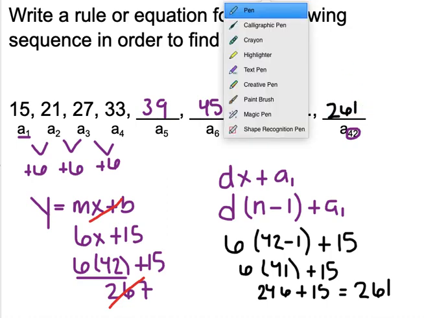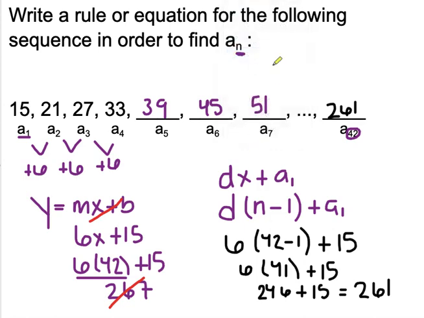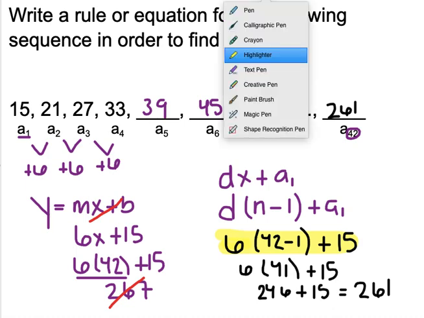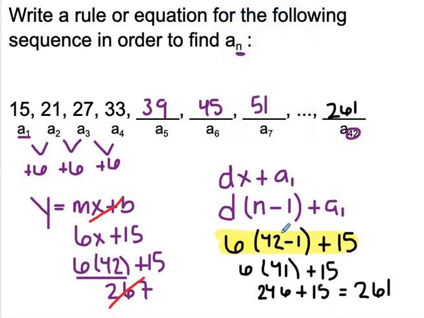And then if you'll notice, we also have our equation to find that 42nd term, which is right here. So if I wanted to find another term other than the 42nd term, all you would have to do is replace this 42 with whatever term you're trying to find. So if I want to find the 100th term, you'll replace this 42 with a 100, and don't forget your minus 1.